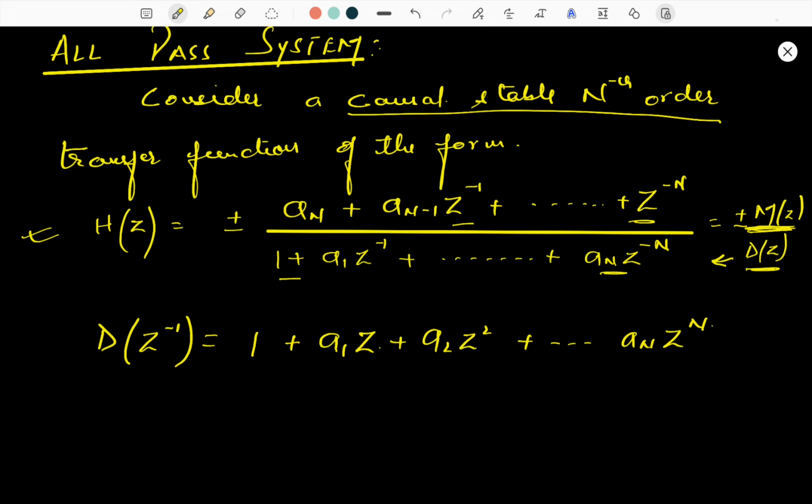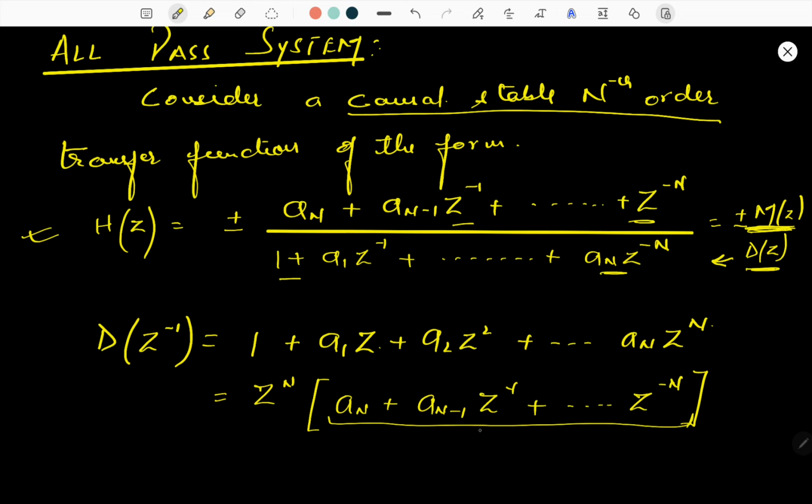From here we can take z to the power n common, and it will become a_n plus a_(n-1) z to the power minus 1 plus and so on, up to z to the power minus n. You can see that this is simply equal to M(z) given in the above equation.